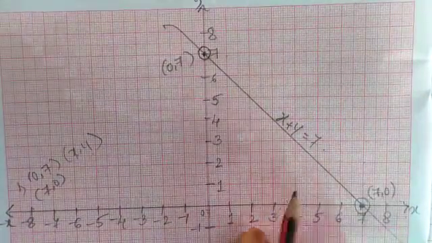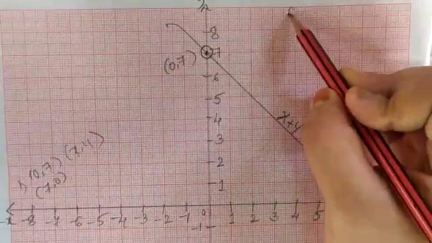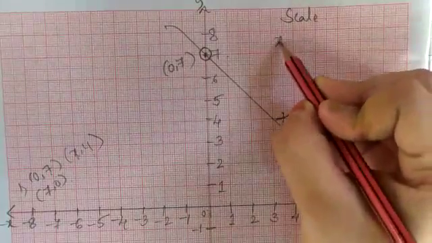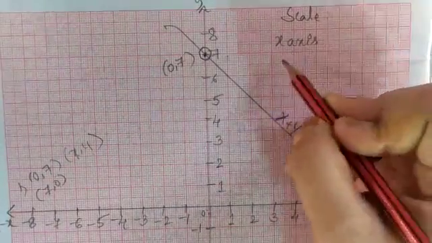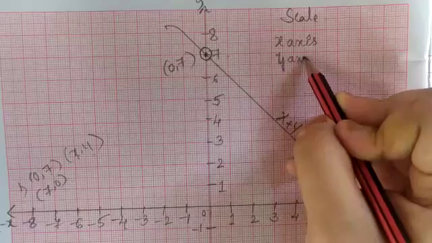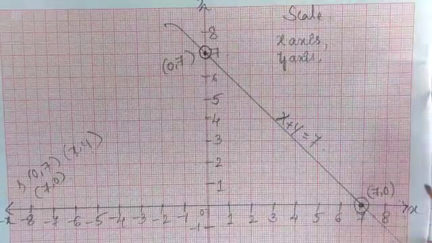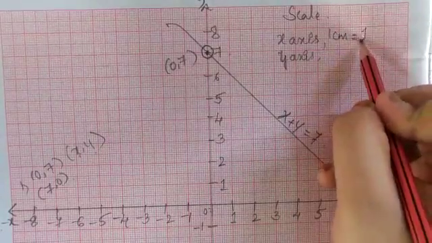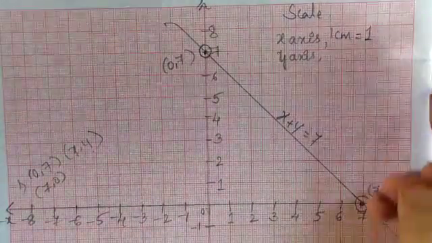Also here you have to write the axis. So what does the axis mean? The scale you have to write. What scale have you taken? In the case of the x-axis and in the case of the y-axis, I think in both we have taken the same thing. X-axis 1 centimeter equals 1 unit, isn't it? Only 1 unit we have considered.